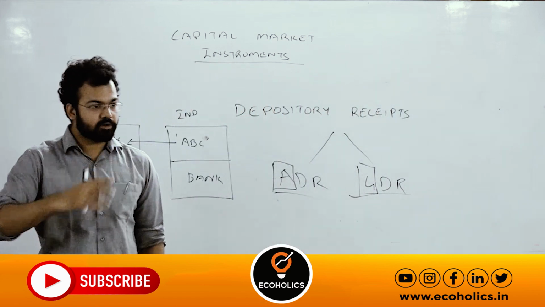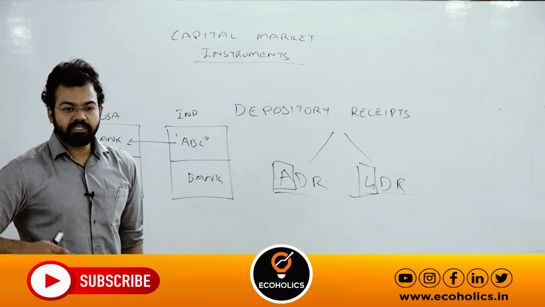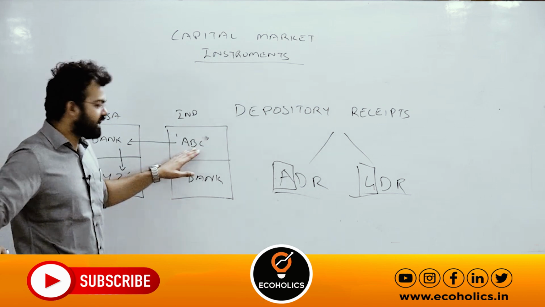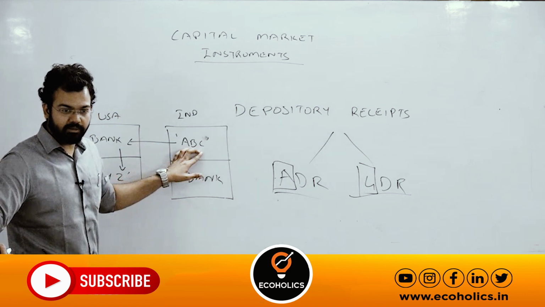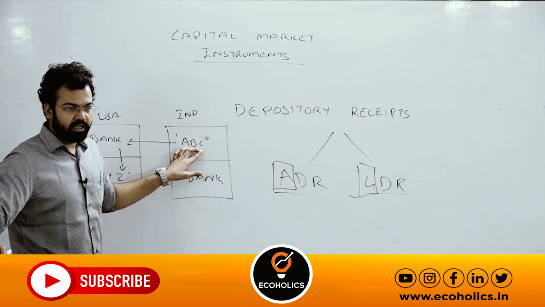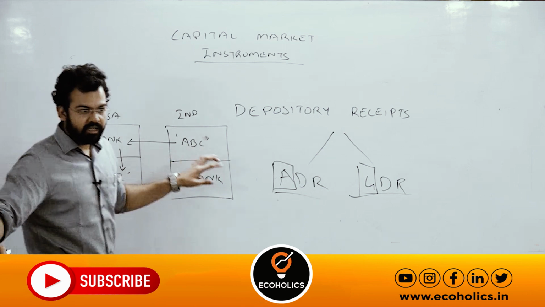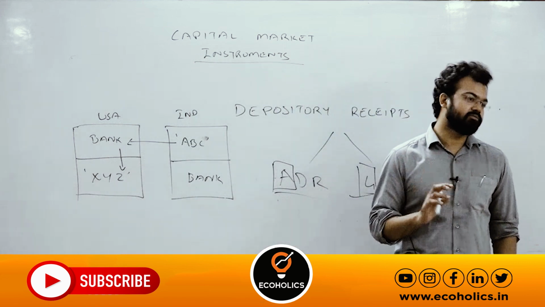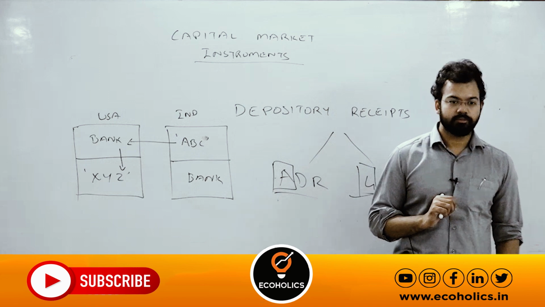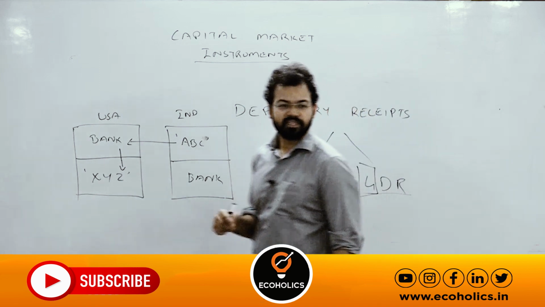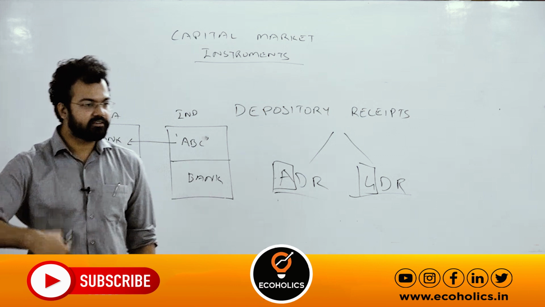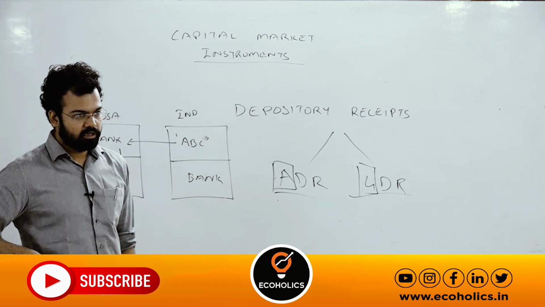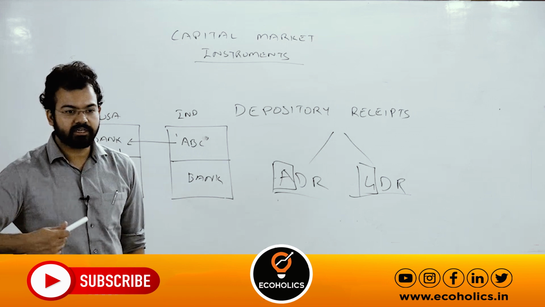In participatory notes, there is an anonymity of the investors. If ADR is purchased by ABC company, I know it, but in case of participatory notes, you will not get the name of the investors. That is why India received a huge inflow of funds between 2003 and 2008, due to round tripping, etc.